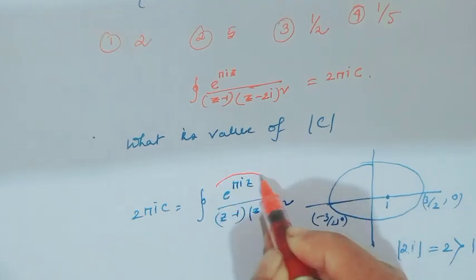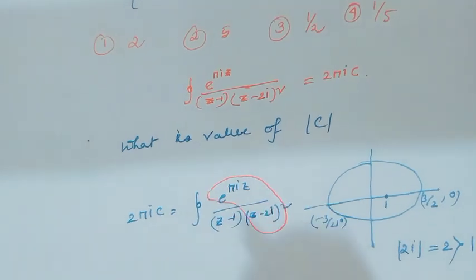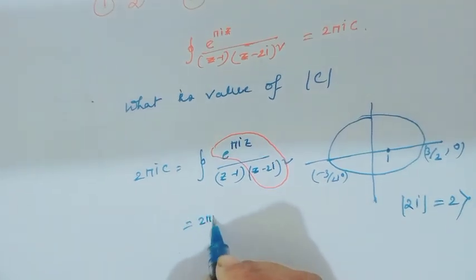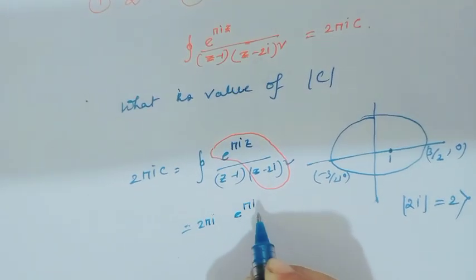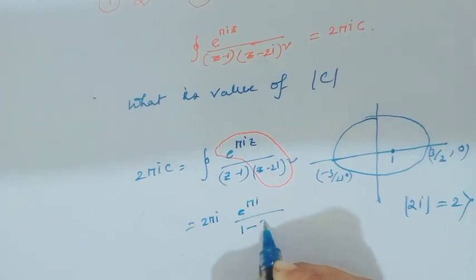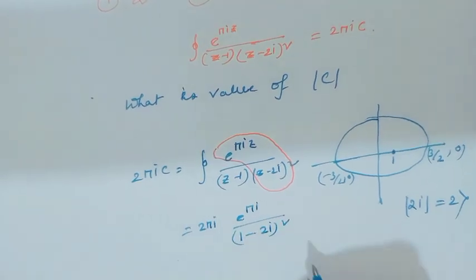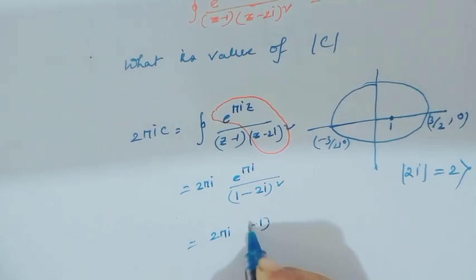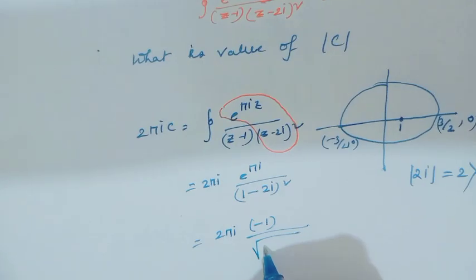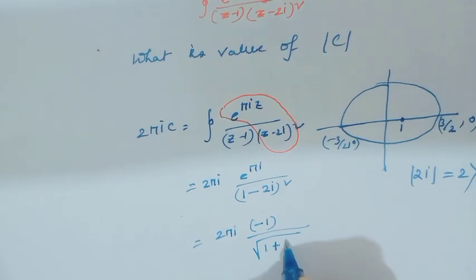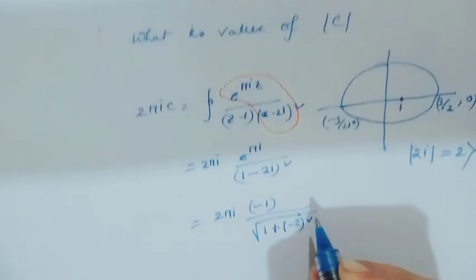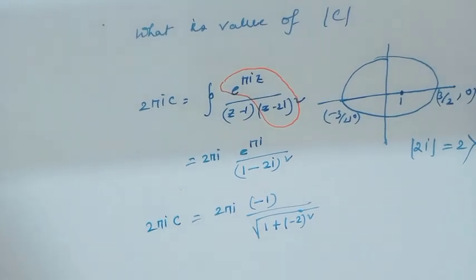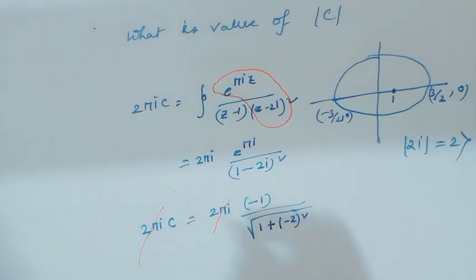So put the value 1 here. Then the integration value would be 2 pi i e to the power pi i over (1 minus 2i) whole square. And this value would be 2 pi i times e to the power pi i, which is minus 1, over (1 minus 2i) whole square, equal to 2 pi i C. Here 2 pi i would be cancelled.